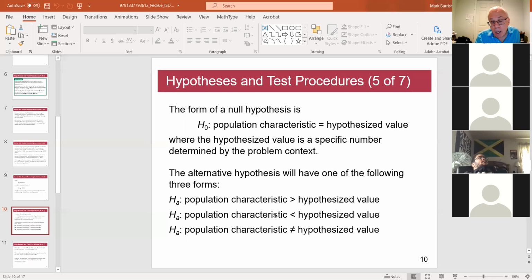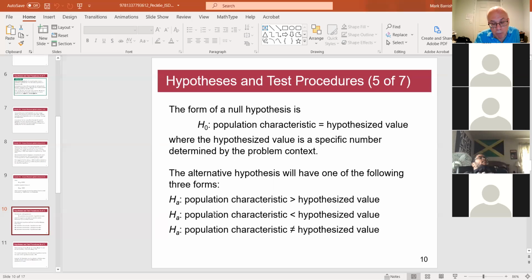And I'll show you the 6 steps. There are going to be 6 steps to doing a hypothesis test. This is Professor Barish's 6 steps of doing a hypothesis test. No matter what the book says, I'll show you the 6 steps, and I will test you on the 6 steps. So you have to know what the 6 steps are and how to do that. But this is going to be step number 1 of the 6 steps: defining the null and alternative hypothesis.